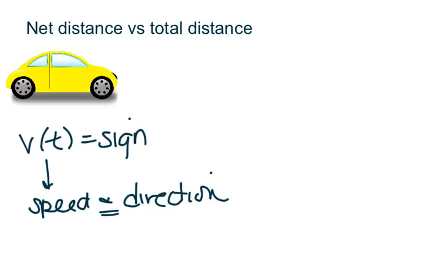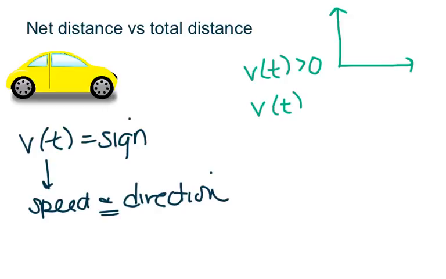A lot of times in calculus, when velocity is positive, that's an indication that the particle is moving either to the right or up. We talked about this when we talked about acceleration. And when velocity is negative, that means the particle is either moving left or down.